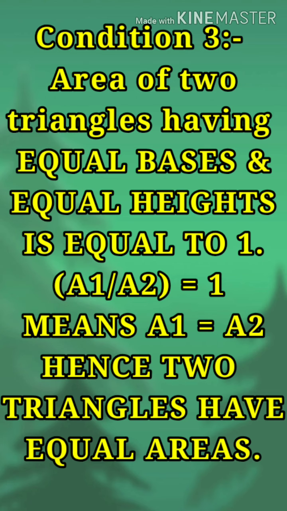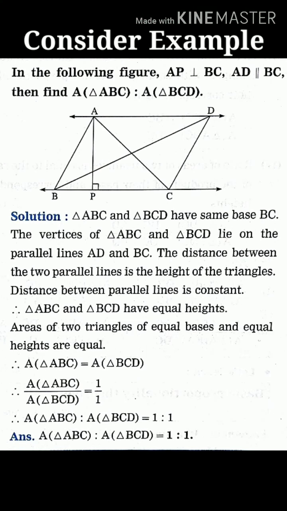If we have h1 equal to h2 and b1 equal to b2, then areas of these two triangles are equal, and these two triangles are situated between two parallel lines. This is our third condition. Here we learnt first, second and third conditions. Now we solve an example depending on this third condition.